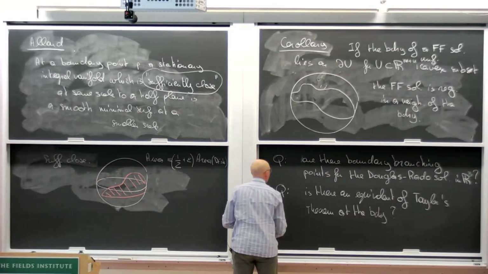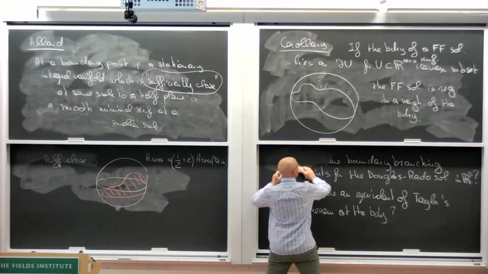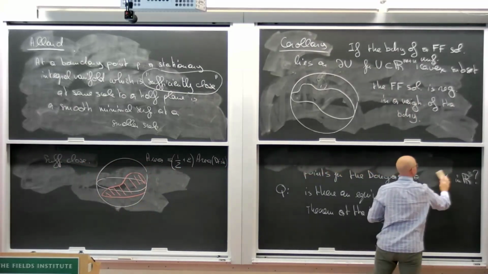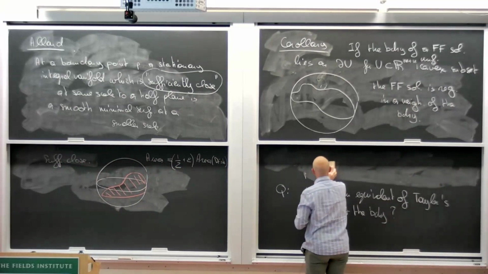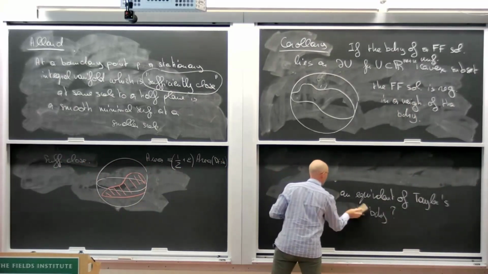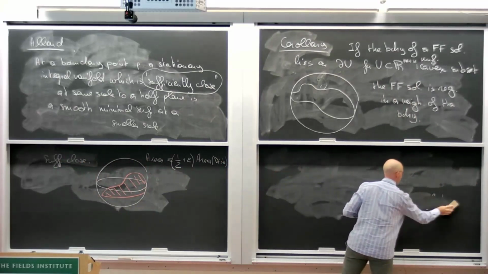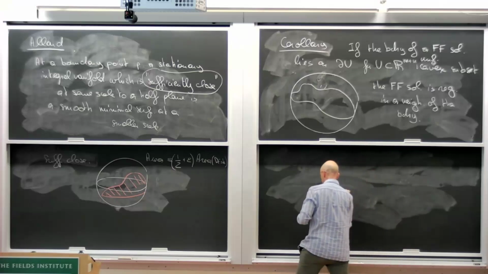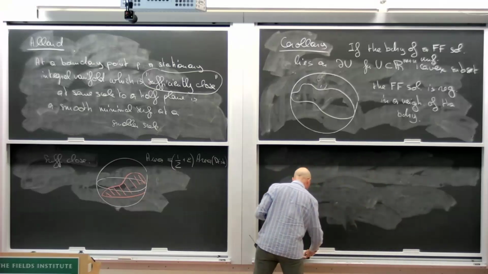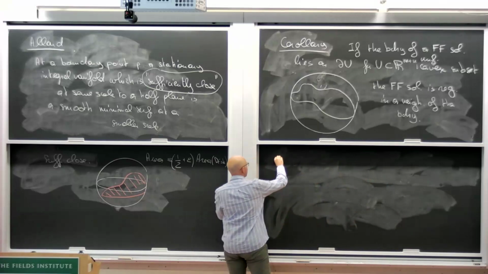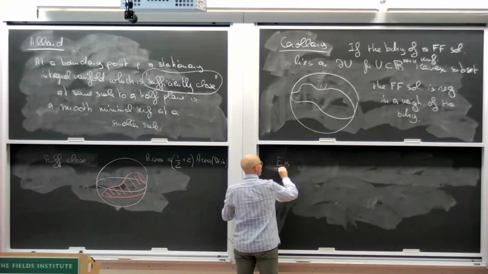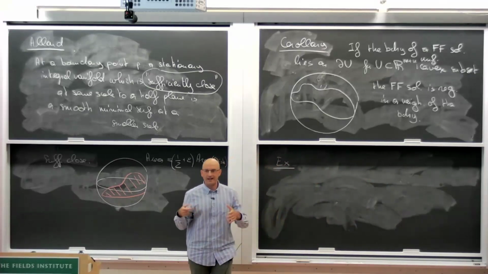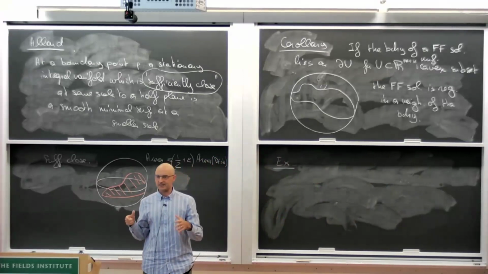So what happens if I drop that assumption? Then the situation is much more complicated. And the reason why it is much more complicated is because of the following example. So the Federer and Fleming solution has multiplicity, and there's something nasty that can happen, although it's extremely unlikely.